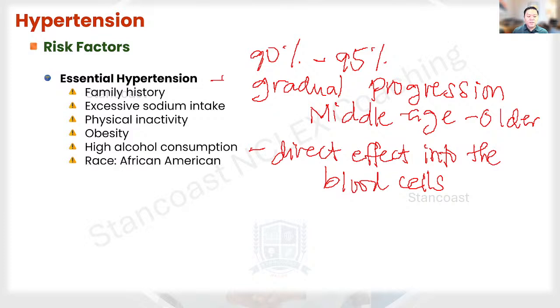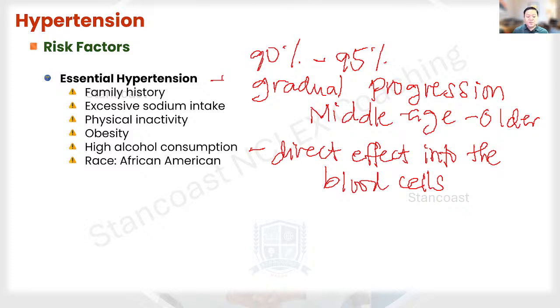Now, another thing here is race. Most of the literature says that the African American race has a higher tendency or higher risk of developing essential hypertension. It's not quite known yet whether this is due to genetic factors or maybe their higher prevalence of other risk factors, but they're quite known to have a higher tendency to develop this.